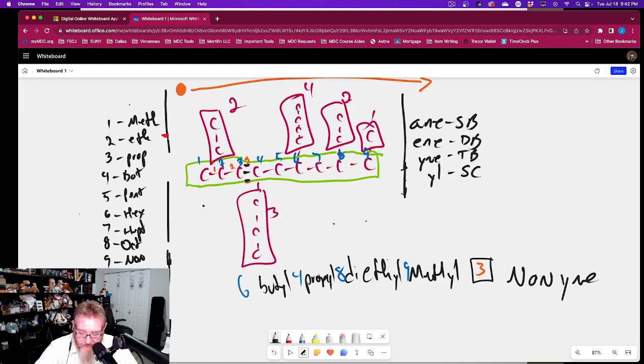Because remember, we're missing all the hydrogens. 1, 2, 3, 4, 5, 6, 7, 8. Okay? Starting on the first one, CH3, because there's going to be 3 hydrogens. That one's done. Next one has CH, followed by CH2, followed by CH3.